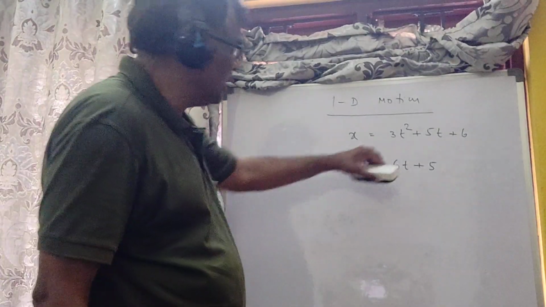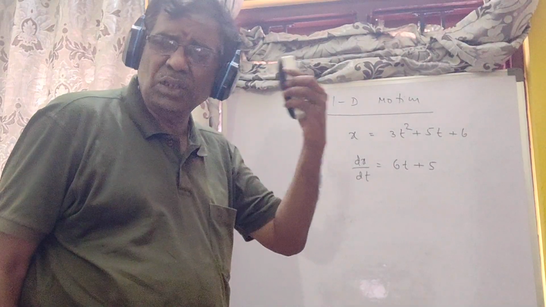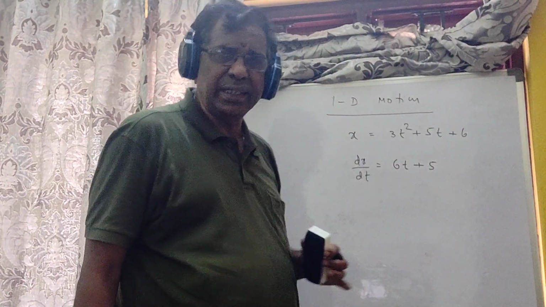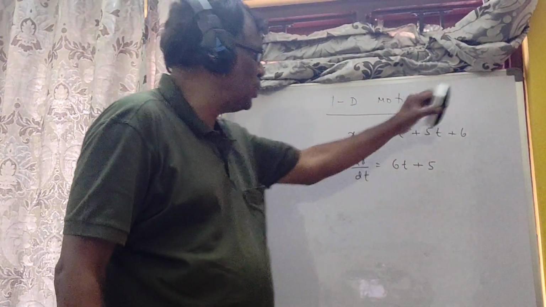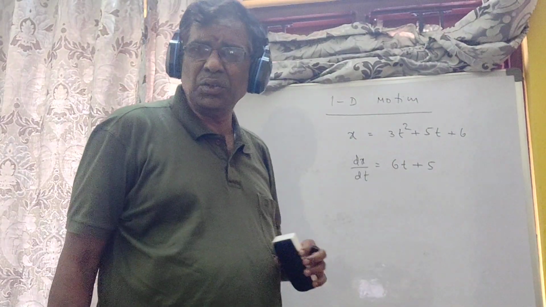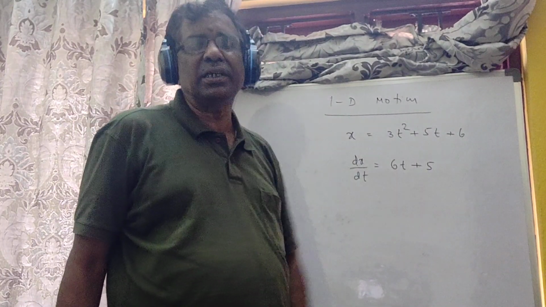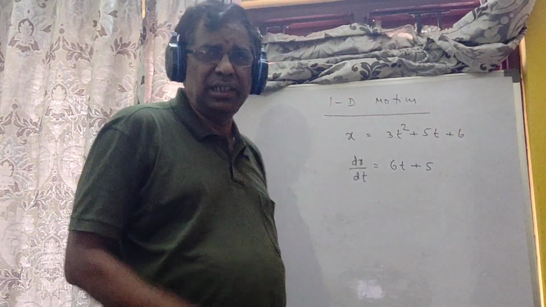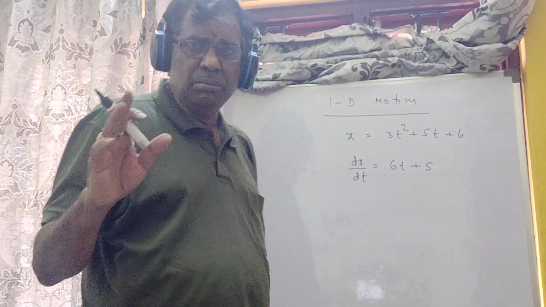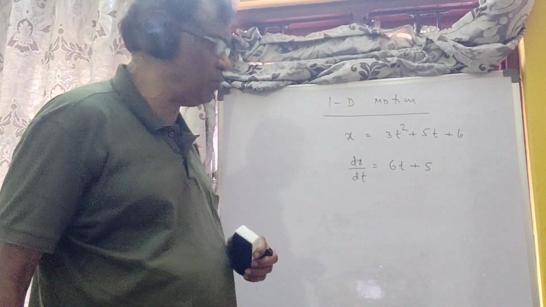Just because t is cube or square or to the power 4 or anything, it doesn't have anything to do with 1D or 2D motion. Because I have given only this x direction, and in that direction only the particle is behaving like this. In fact, x versus t is non-linear, but the path is linear. Now that is important for us.